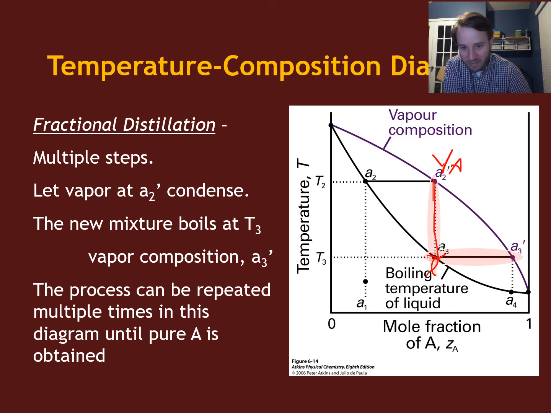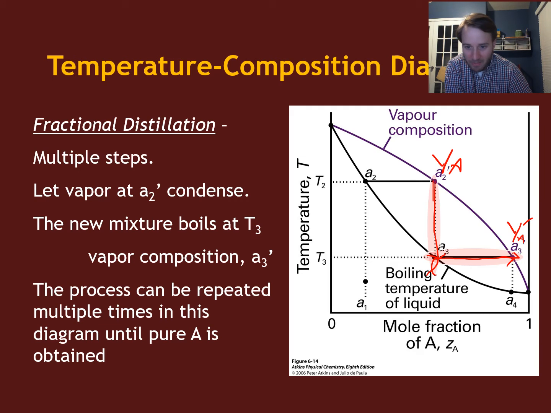As it condenses down to liquid, it will eventually start boiling again. But when it boils, it's now going to release a vapor that is at a higher composition of A. I'm going to call this Y of A prime.